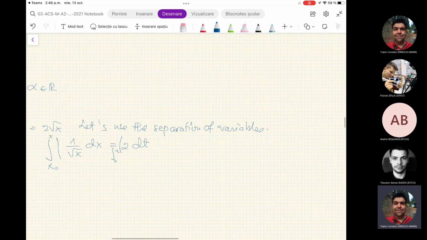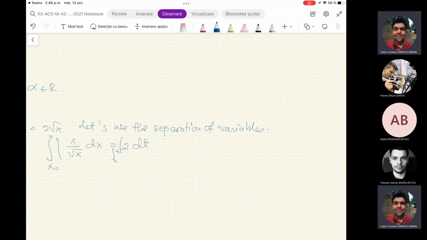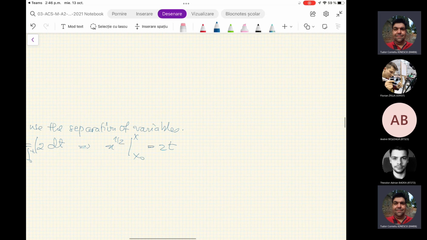Agree? So this is x to the power 1 over 2 between x naught and x. Agreed? Equals t. If you see a mistake, please let me know. So then you get square root x minus square root x naught equals 2t.